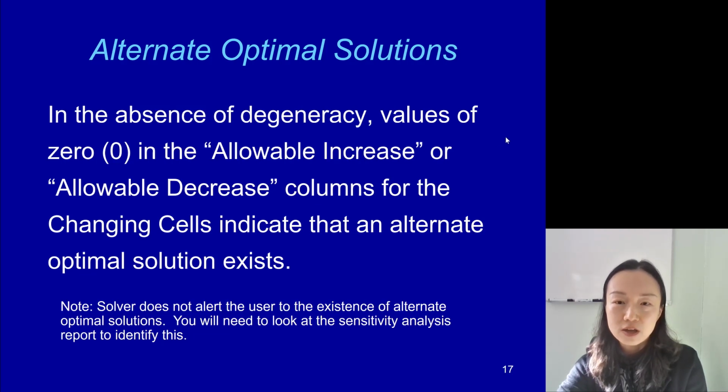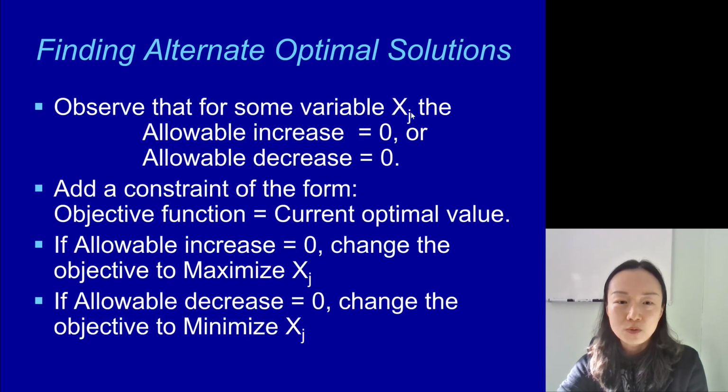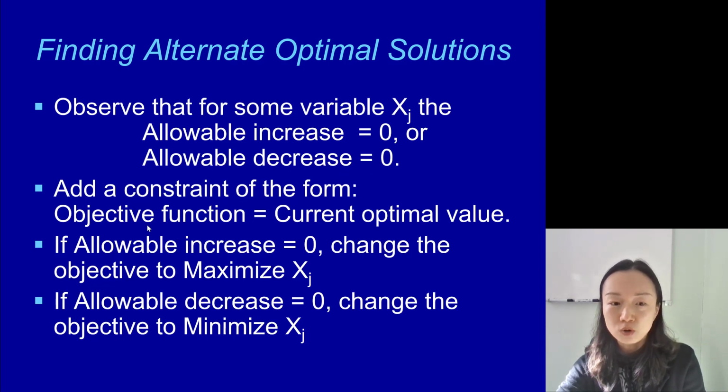And if you are interested in finding out a different solution, here's one way you can do it. You would look at if it's the allowable increase or if it's the allowable decrease that is 0. Then you add a constraint for that model, making the objective function equal to the current optimal solution.